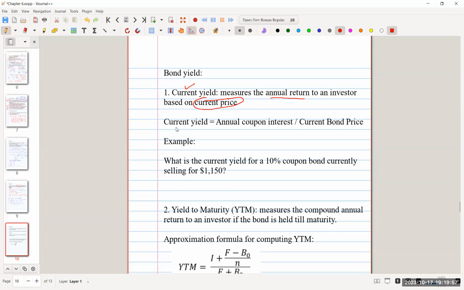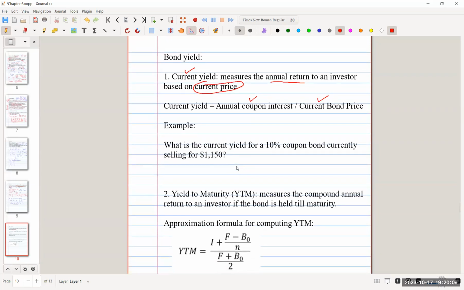To calculate it is easy. Current yield is equal to the annual coupon interest divided by the current bond price. You see an example below. What is the current yield for a 10% coupon bond currently selling for 1150? What would you do? A 10% coupon bond means a 10% coupon rate applied to a face value of 1,000, which gives you a coupon interest payment of $100.